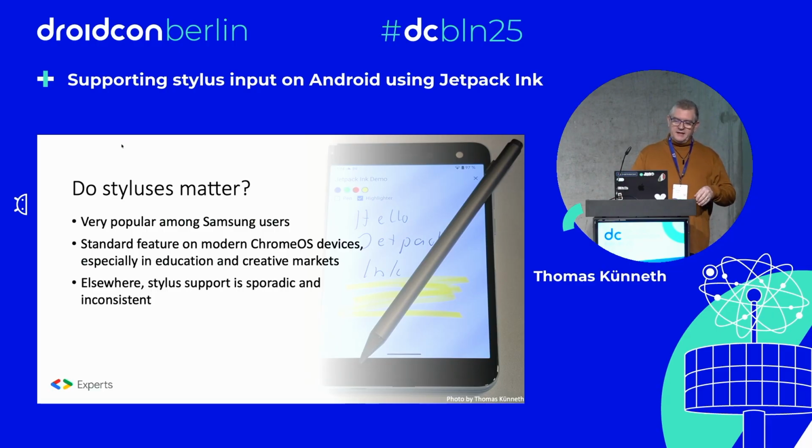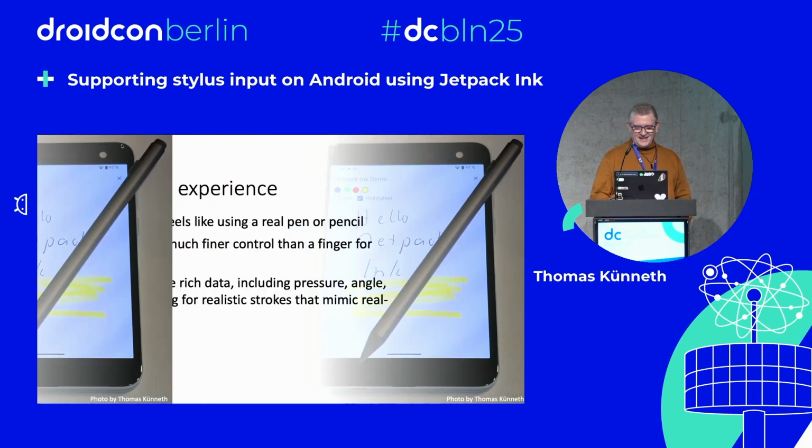But basically everywhere else, stylus support on Android is a mixed experience, sporadic and inconsistent. If you take a look at devices, besides the Chrome OS devices that come from Google, you don't find too many styluses in the box anyway.